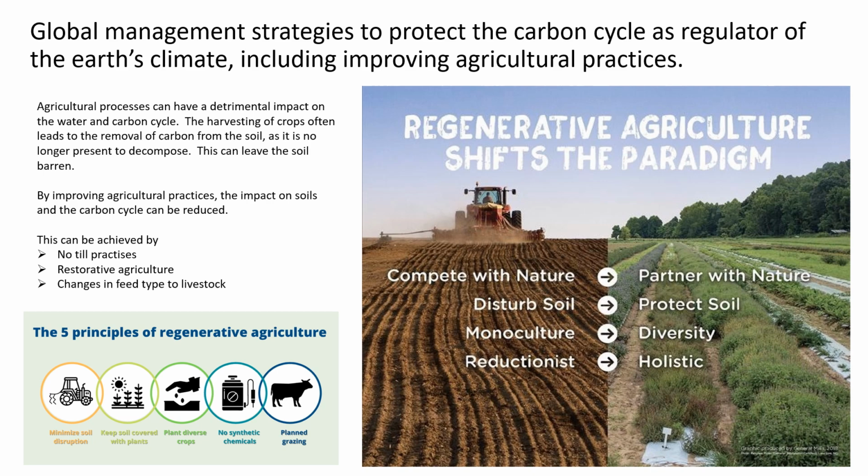So we need to think a little bit about our soils, what we can do to protect them, to enable them to capture carbon and water, to help them regulate our Earth's climate.